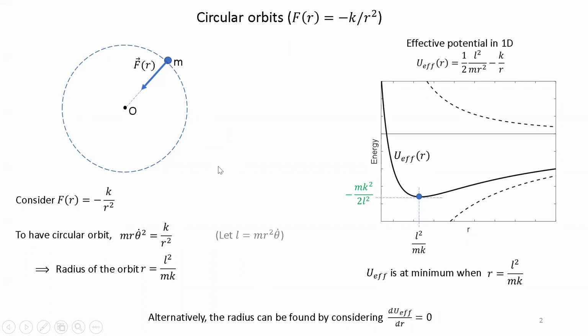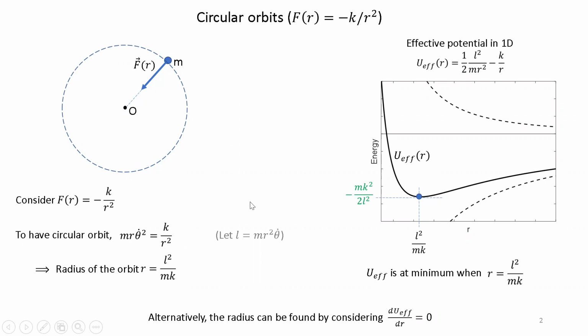What determines the radius of this orbit is the angular momentum of your system. If you give me a larger initial angular momentum, the radius of this circular orbit will have to be larger. You don't have that choice: given the angular momentum, you need to follow this radius.